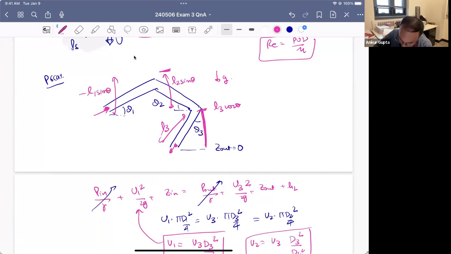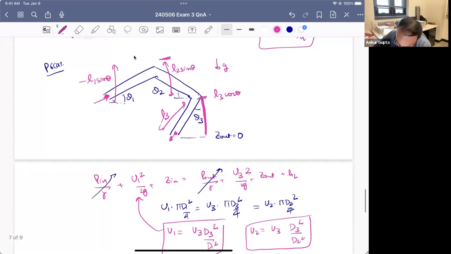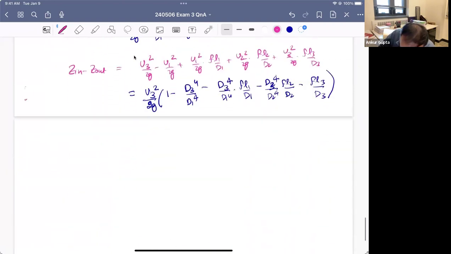So I'll go up first and then down. So it's L3 cos theta plus L2 sine theta minus L1 sine theta. So Talal, hopefully this answered the question, but I'm happy to go through the detail if any step was unclear.